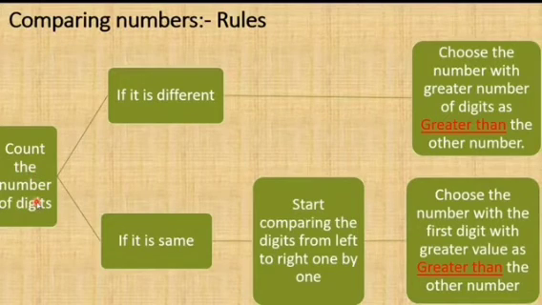Then, if they are different, we choose the number with the greater number of digits as greater than the other number. If it is the same, you start comparing the digits from left to right one by one. Then choose the number with the first digit of greater value as the greater number. We'll try to understand with a few examples.